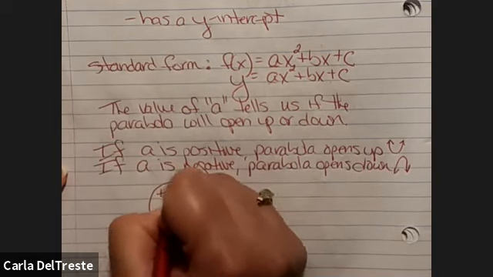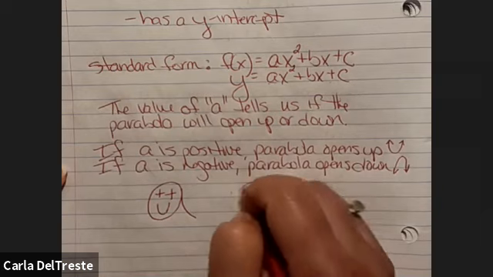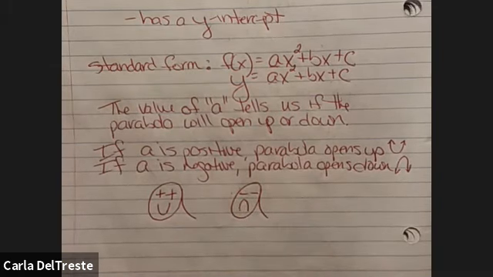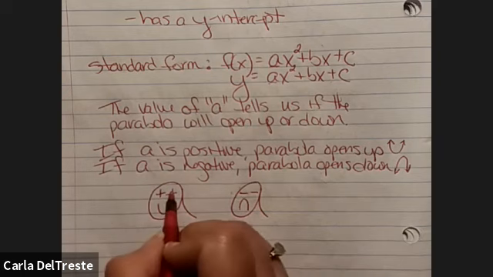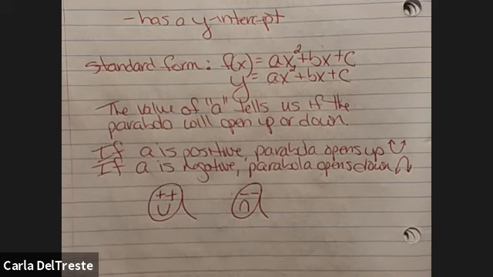If a is positive, the little girl is happy. If a is negative, the little girl is sad. So positive face up, negative face down or open down. Like I said, just a cute way to remember that.